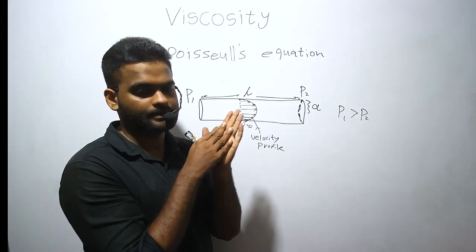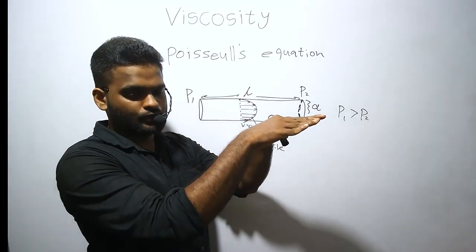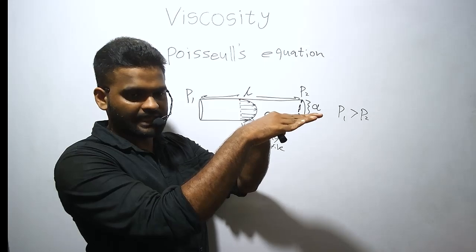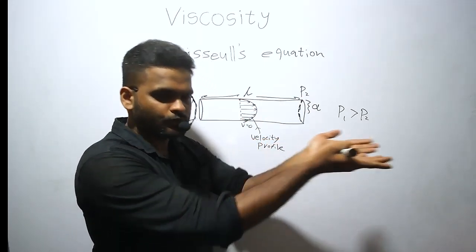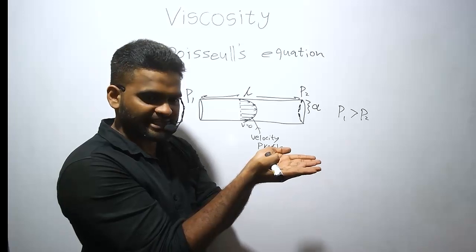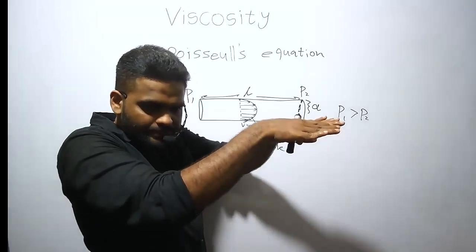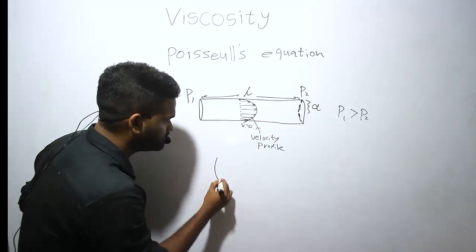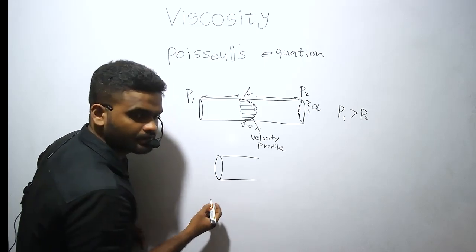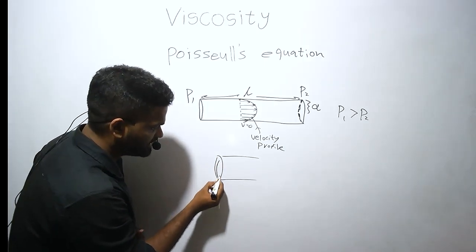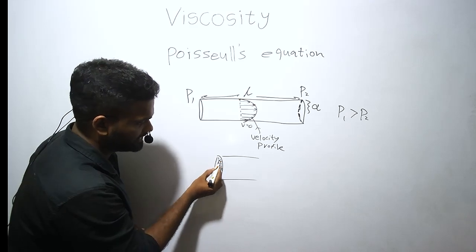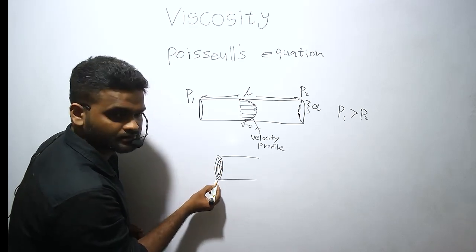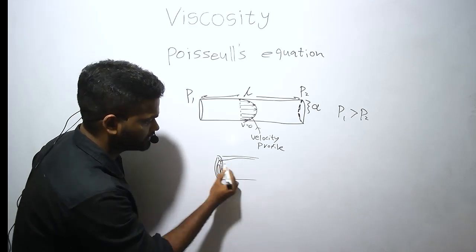Now listen. Do you understand the liquid layers moving through a pipe? What's the shape? Those are cylindrical shapes. This is one layer, and inside that there's another layer.